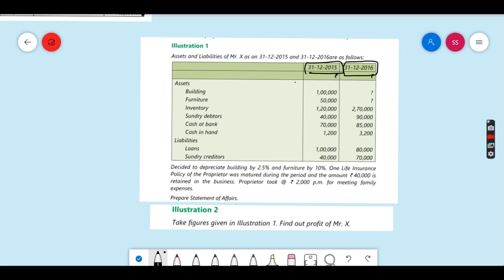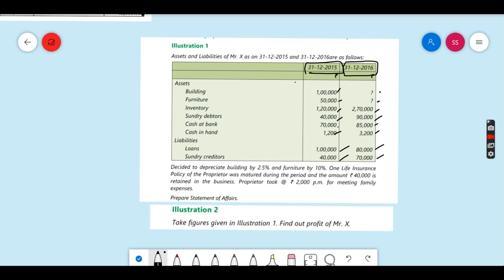Buildings opening is 1 lakh, they didn't give the closing, so we need to find out that figure also. Furniture is 50,000, so we need to find out the closing. Inventory is 1,20,000 and 2,70,000. Sundry debtors 40,000 and 90,000. Cash at bank, cash at hand, liabilities, loan and sundry creditors.